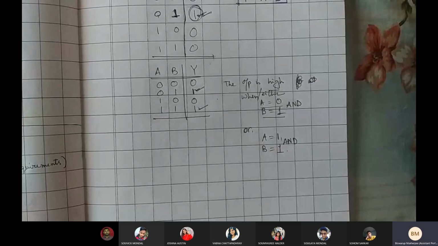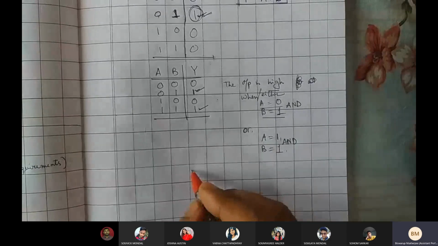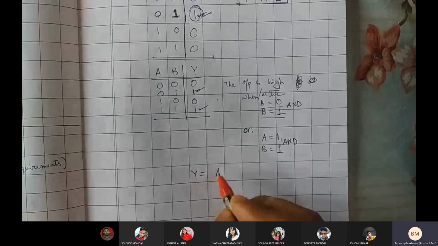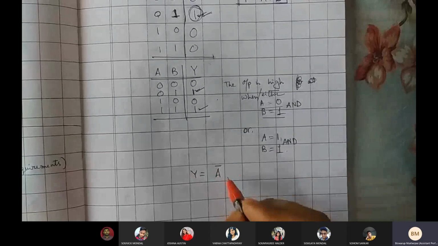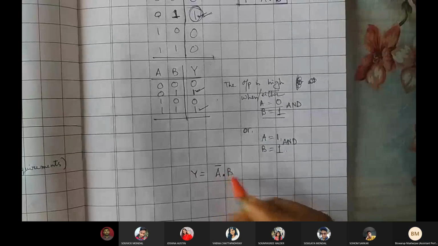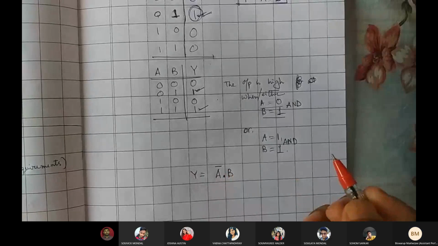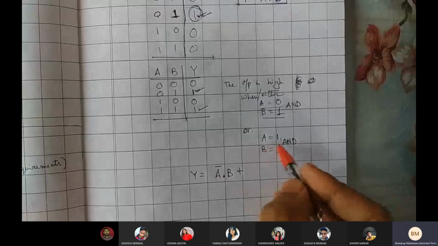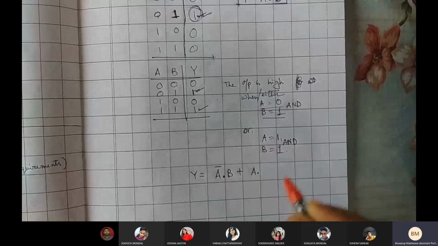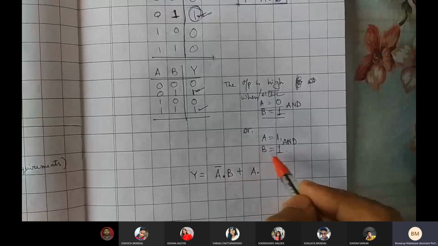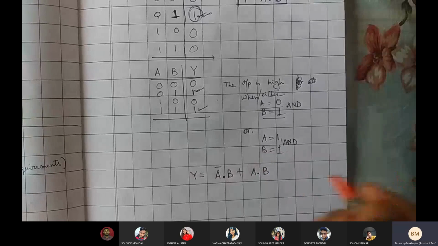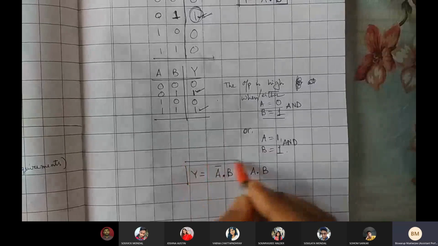So what will we be writing down? The output is high when a value equal to 0, that means a bar, and b value equal to 1, plus a value equal to 1, so that is a dot b value equal to 1, so that is b, right? So we can write it down like this also.